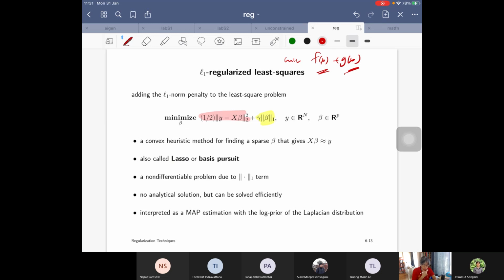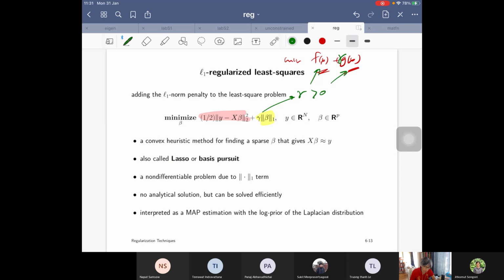You want the sum to be minimized. But as you have some gamma that is a constant, we call it the penalty parameter. This gamma plays the role of how you trade off between minimizing f and g.